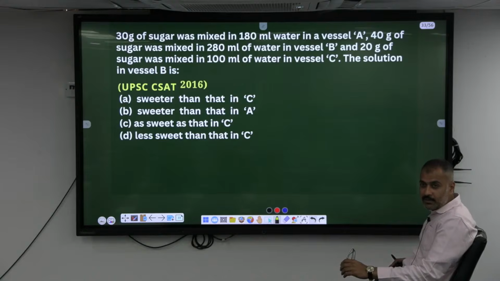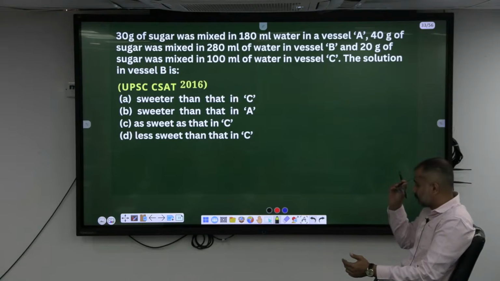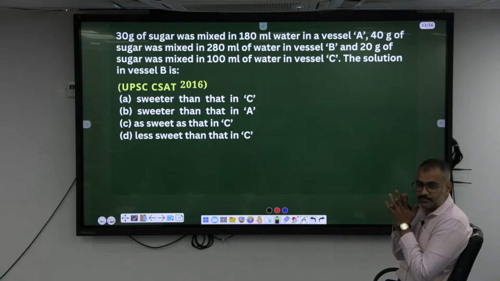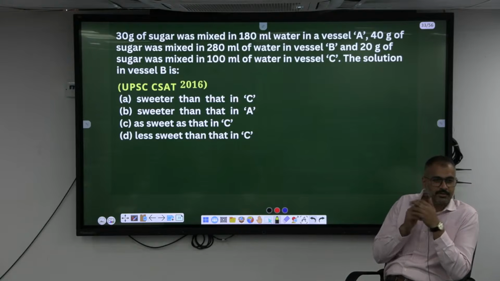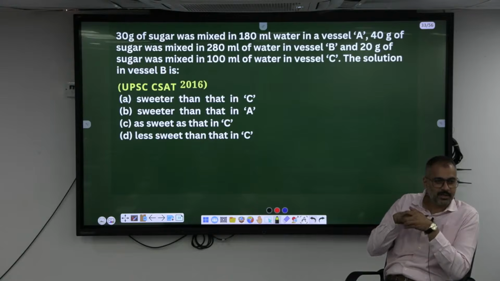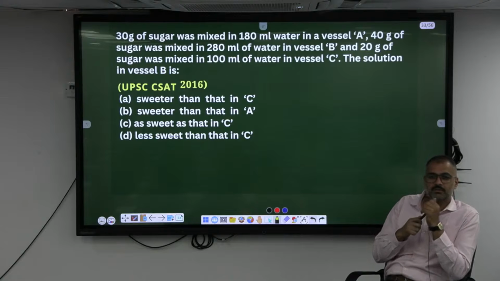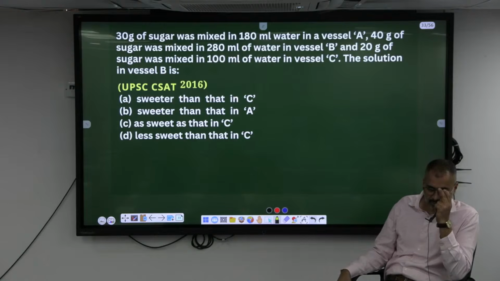Have to work on the ratio. ಮಾಡ್ಬೇಕು ಸರ್, ಕುಡಿದು ನೋಡಕ್ಕೆ ಕೊಡಲ್ಲ. Come on, work on the ratio. What is the ratio? Whichever is the bigger ratio, smaller ratio.